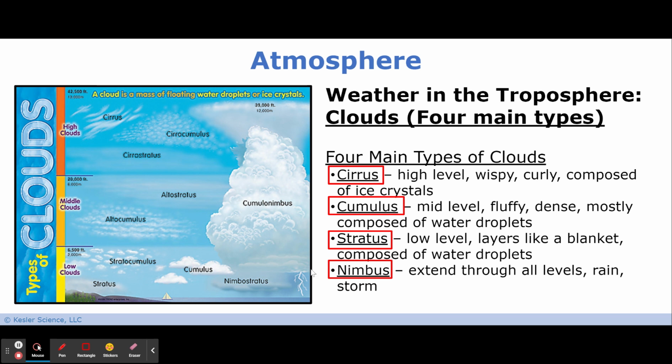And our nimbus extends through all levels, rain and storm. So you have nimbostratus, you see nimbus in this word here, these are our altocumulus, and our cirrostratus up here. So make sure you memorize these four and a couple of characteristics. This will be a part 2 question.